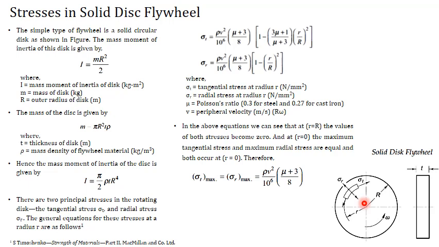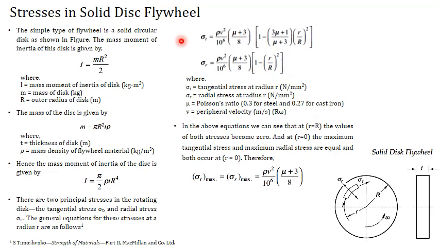These two forces develop the stresses which are the tangential stress sigma T and the radial stress sigma R. Now Timoshenko developed the formula to compute the radial and tangential stress in a solid disc flywheel.